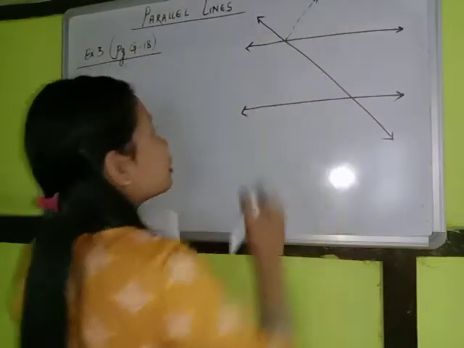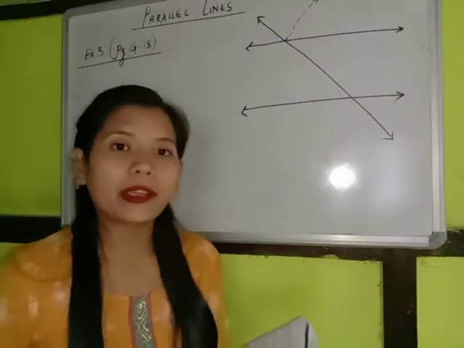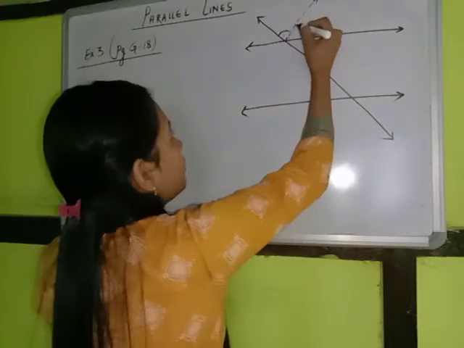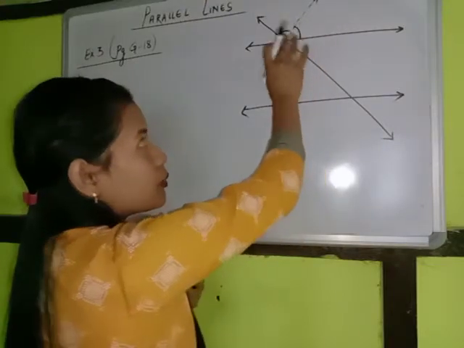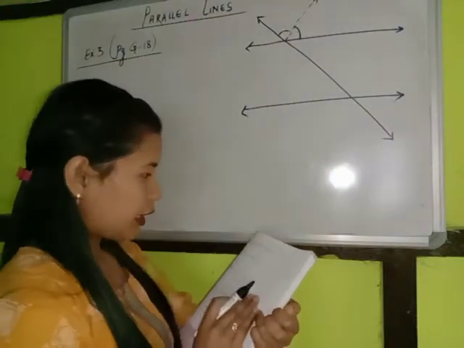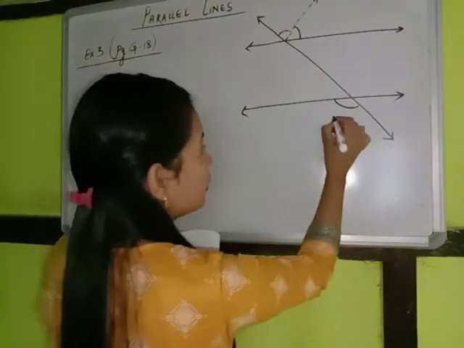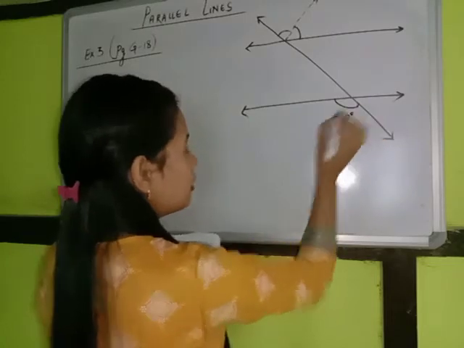We already know that a bisector divides an angle into two equal parts. So we have this angle and this angle, and the measurements of these two angles will be equal. And this angle's measurement is 150 degrees.